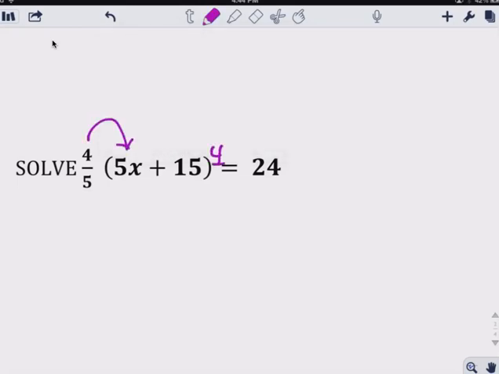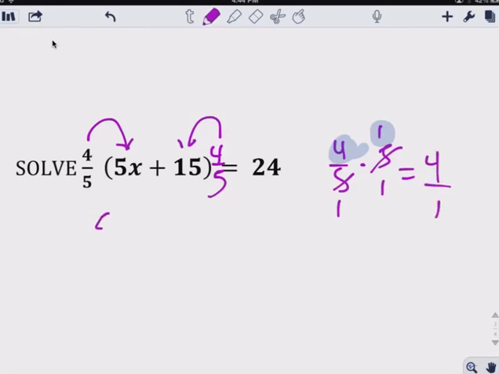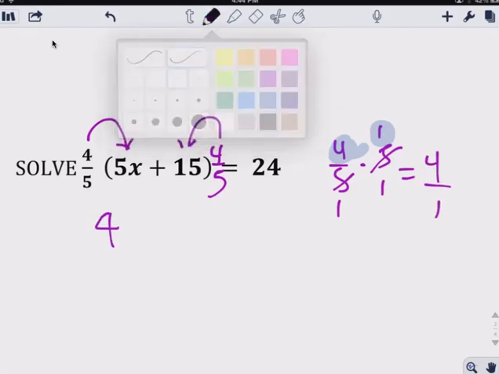4 over 5 right here. Go in that direction. Let's see, 4 over 5 times 5, cross cancel, be 1 and 1. Okay, 1 times 4 is 4 over 1, which is just 4x.